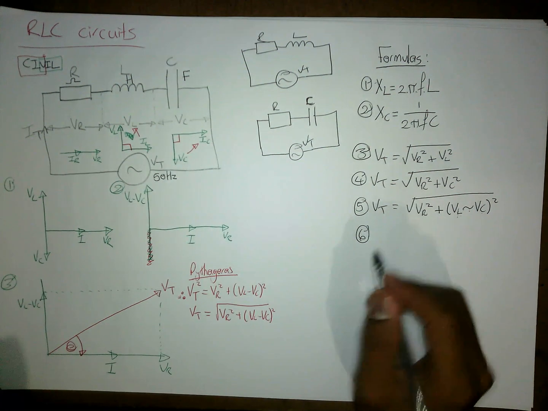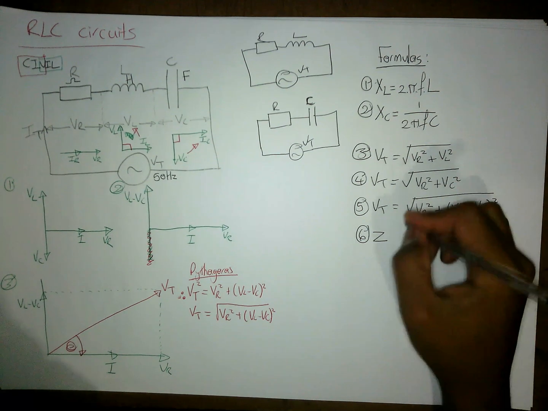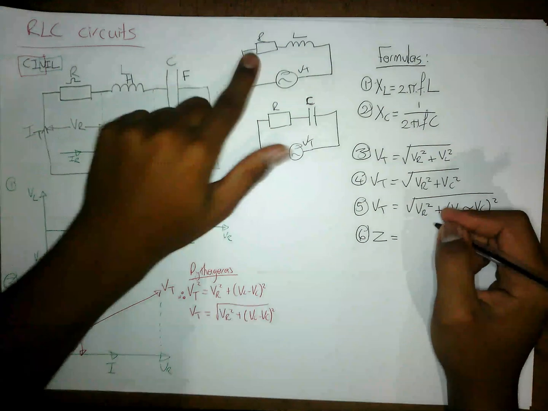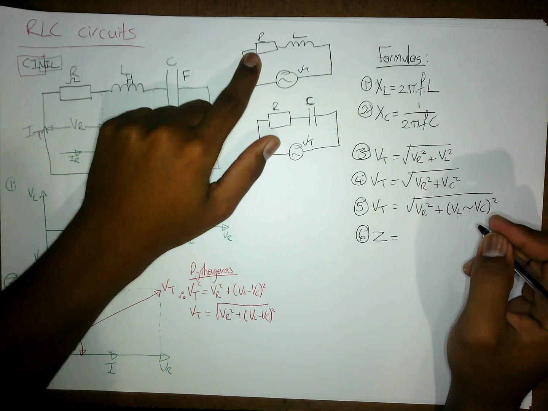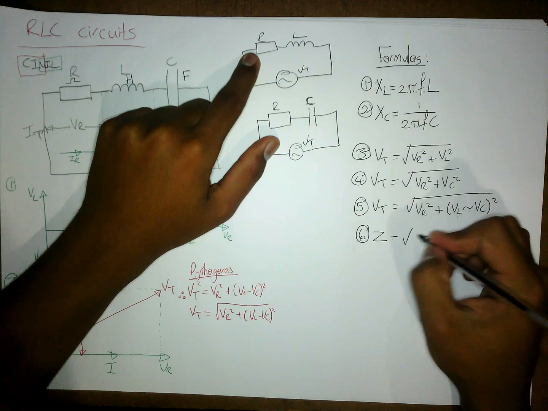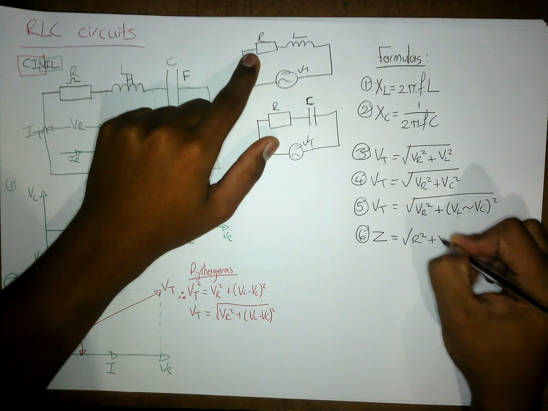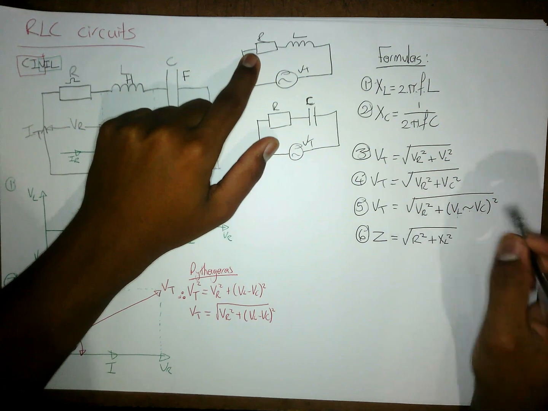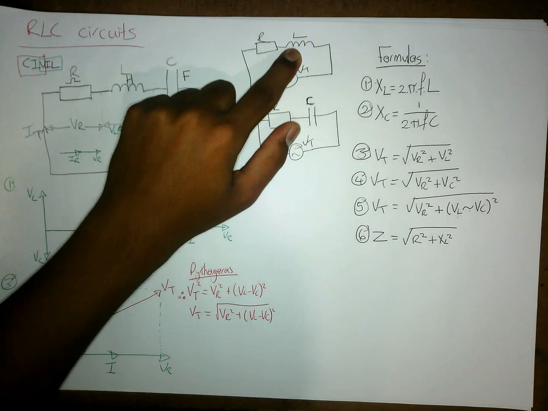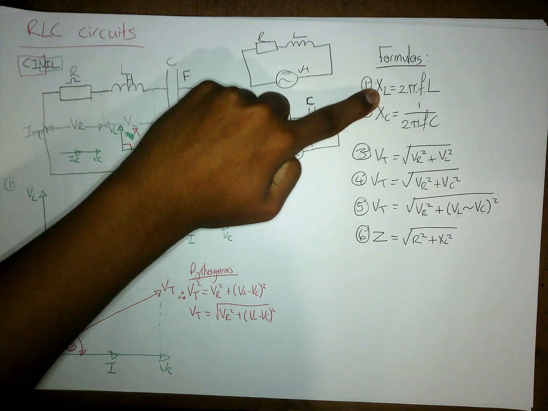And to get that, we have something called impedance, and it's written with a Z. Impedance equals, for this one over here, R squared plus XL squared. So the resistance of the resistor squared plus the resistance of the inductor, which is inductive reactance.